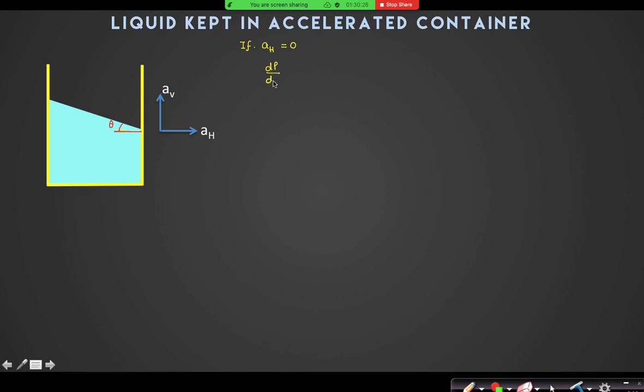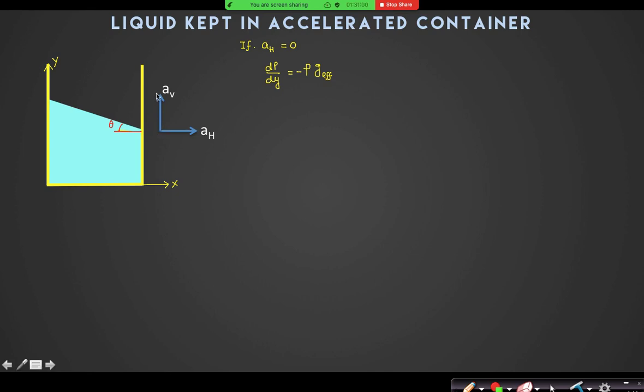If this is my y-axis and this is my x-axis, dP by dy is minus rho g into (aV plus g), that is, minus rho into g effective. The proof is very similar to the proof of minus rho g. Instead of g, now you can see a g effective.